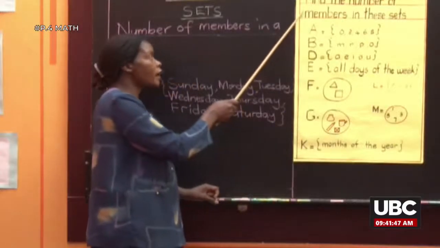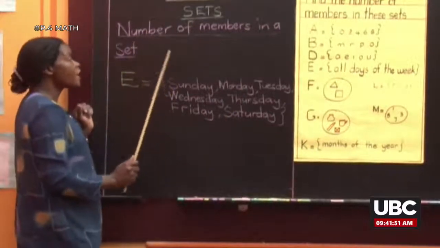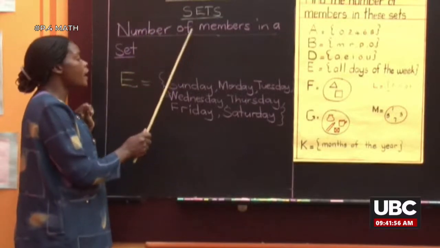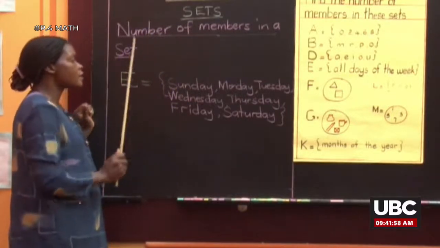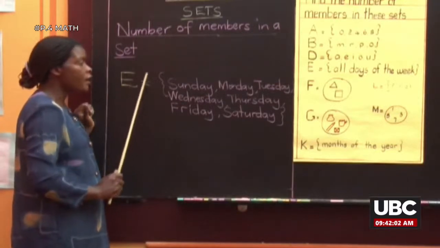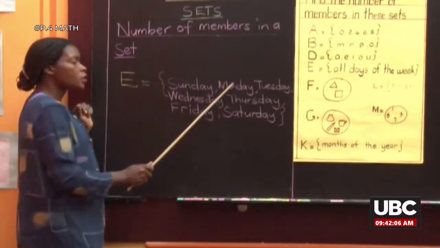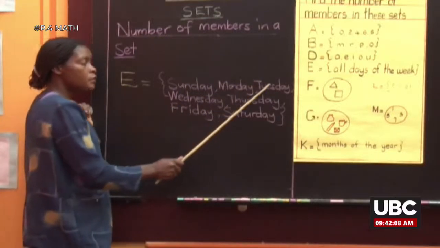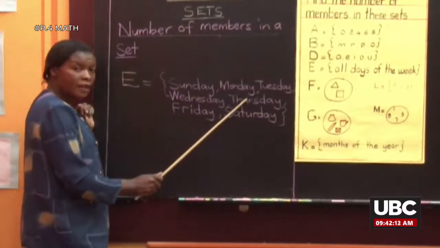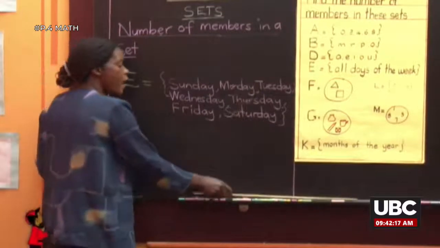When you look here, they are telling us something about the number of members in a set. Therefore, in set E, we can say the members are 1, 2, 3, 4, 5, 6, and 7.